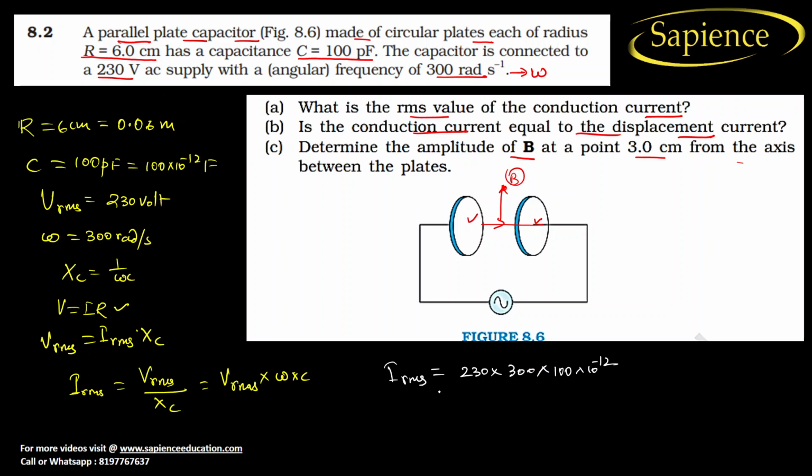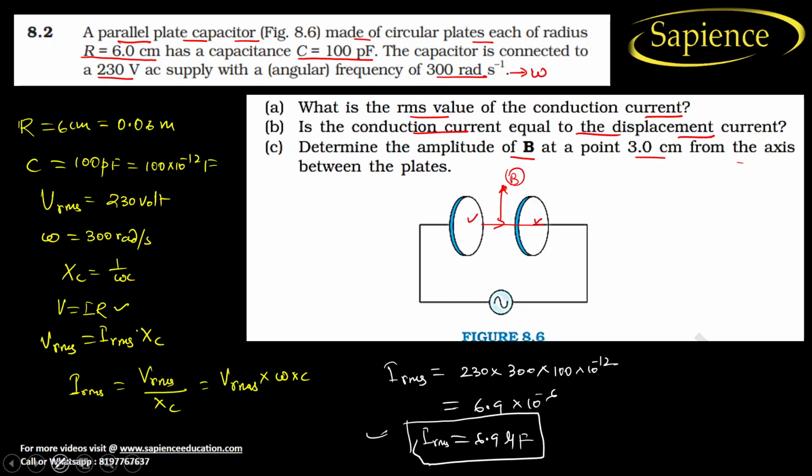So I hope you will get 23 into 3, 3 3s are 9, 3 2s are 6. So approximately you will get 6.9 into 10 to the power minus 6, so this is the value of the RMS current. I hope you have understood this very well. So thank you. Let's go for the next problem.